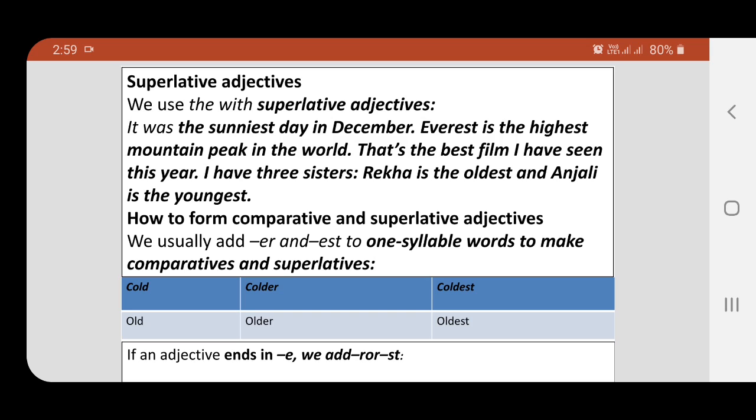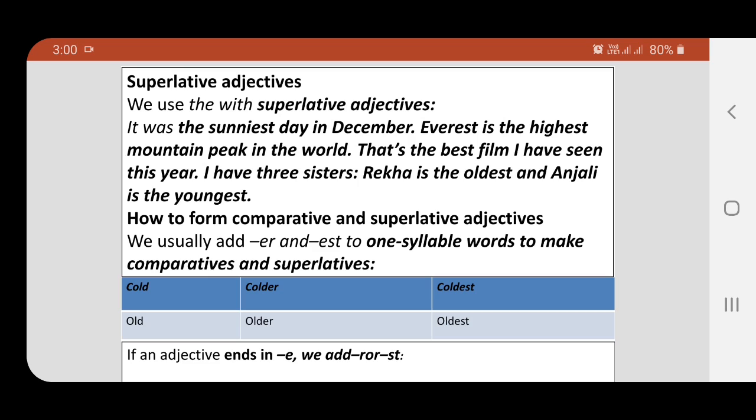The word the is used with superlative adjectives. So all these things come from the degrees of comparison. Good, better, best. So better is comparative degree, best is superlative degree.